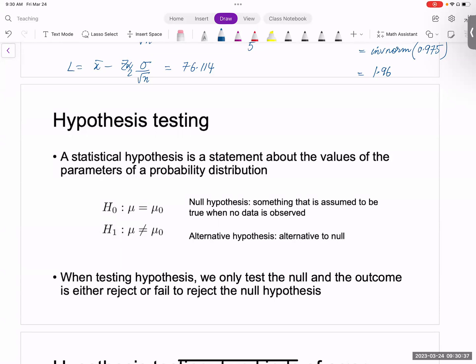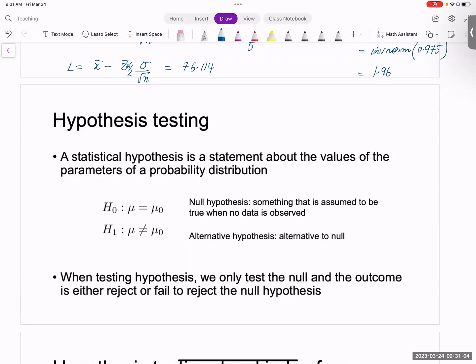A simple example to reaffirm this thought is, think about when a defendant goes to a court. The judge in the court usually can say that the defendant is guilty or not guilty. The judge never says that the defendant is innocent.